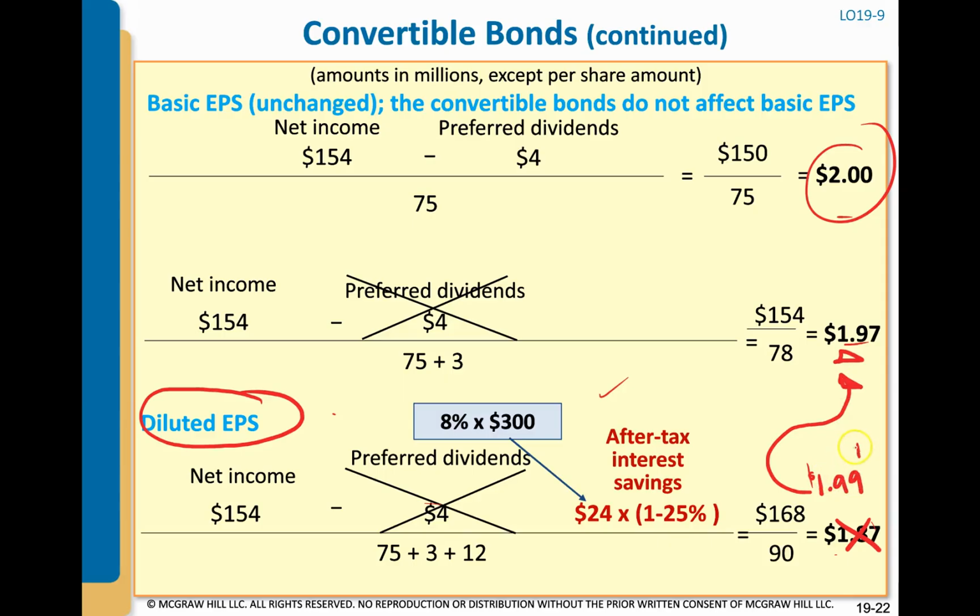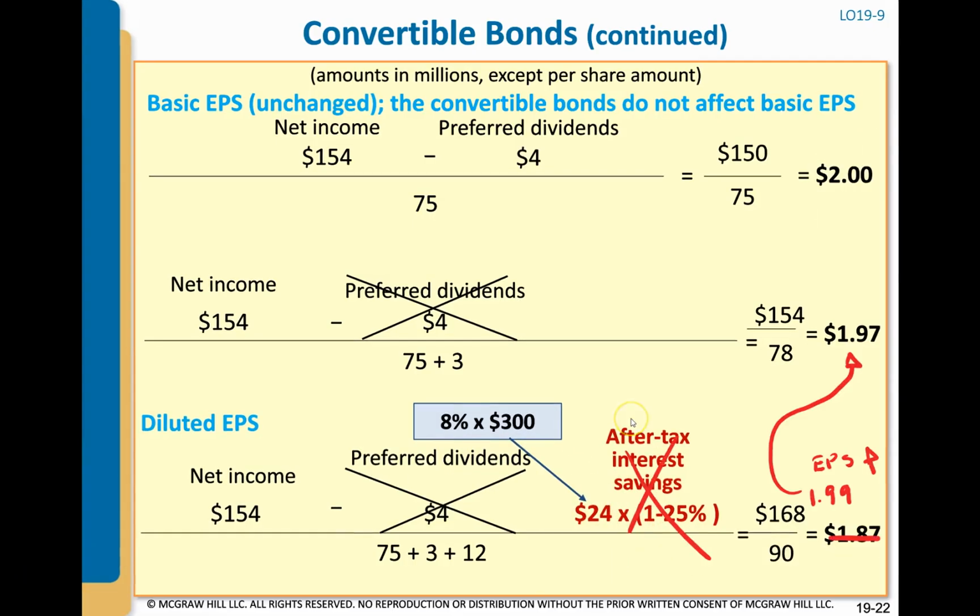And in this situation, it increased, which means that the conversion of the bonds would be considered anti-dilutive. And you would not include that conversion of bonds layer into your diluted EPS, as well as if you had any other convertible securities, you would just stop. You wouldn't layer any of it. Your diluted EPS would actually just stop right here, and you would report that your diluted EPS is $1.97.